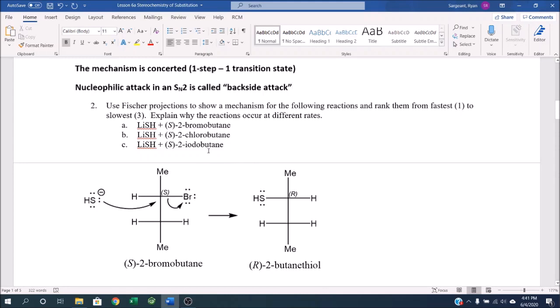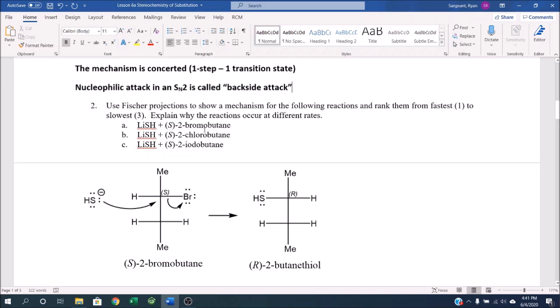Generally speaking, alkyl halides, such as 2-bromobutane, 2-chlorobutane, 2-iodobutane, that we built in the last chapter, have a tendency to react via SN2. Sometimes they're going to react via SN1, and we'll deal with those another day.